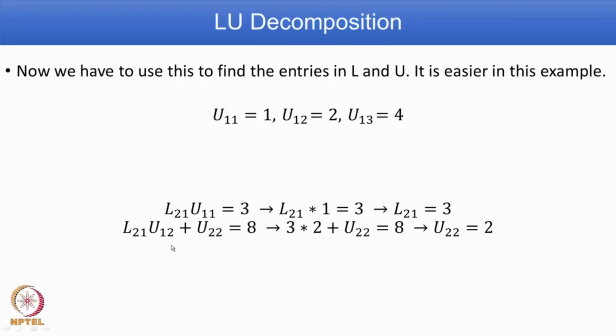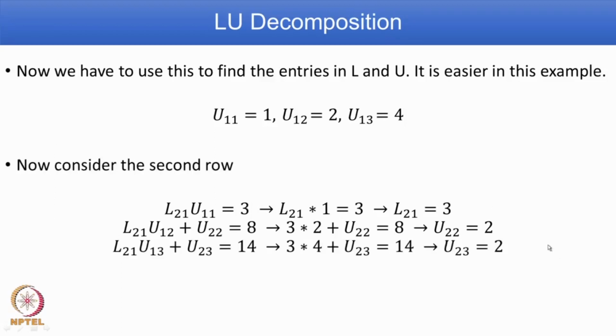Similarly, L21 u12 plus u22 is equal to 8. If you substitute the value for u12, you get the value for u22 as 2. You can extend this to the third row, and following the algebra, you finally get the value for u23 as 2.